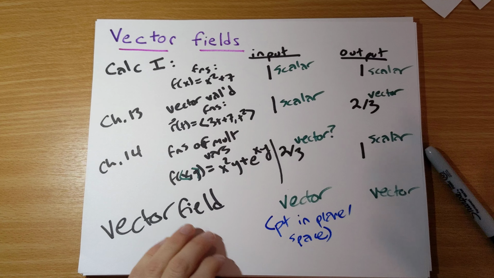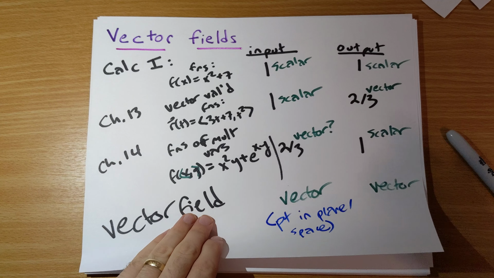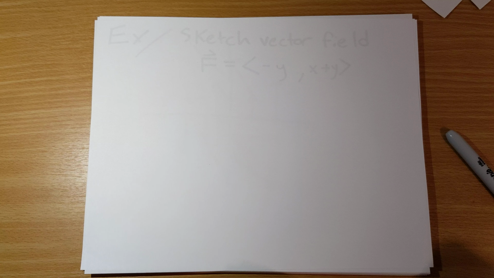So what is a more precise version of a vector field?